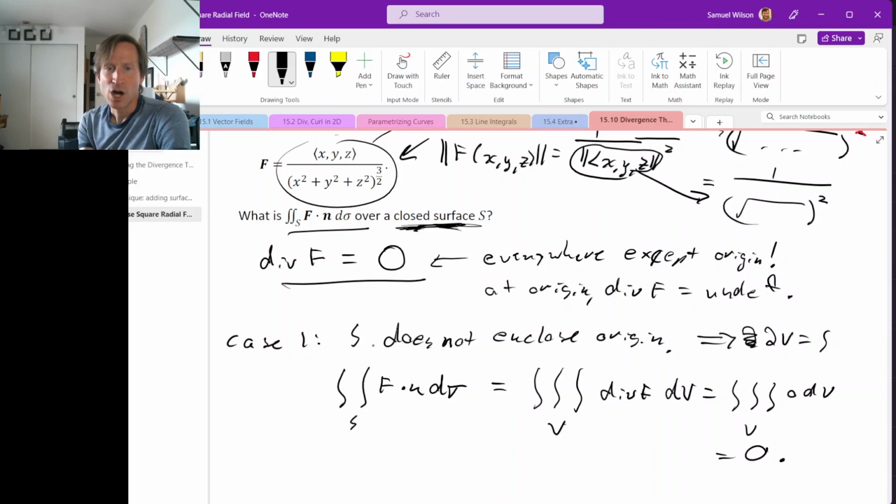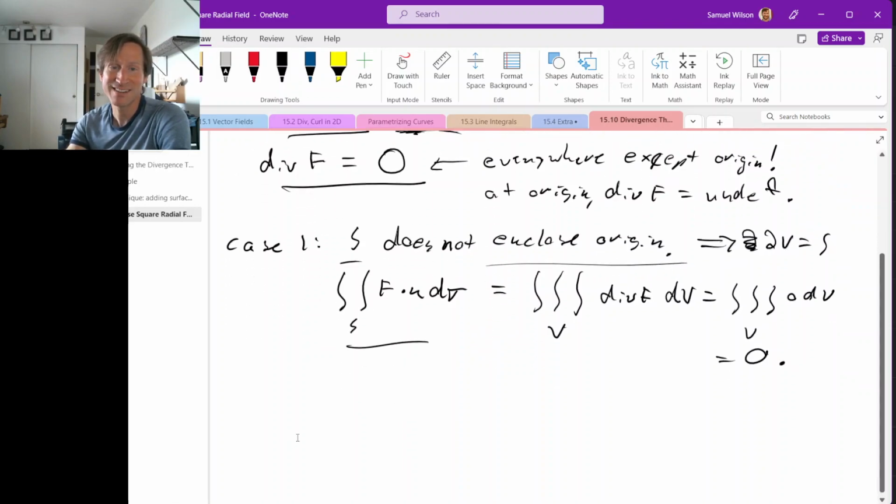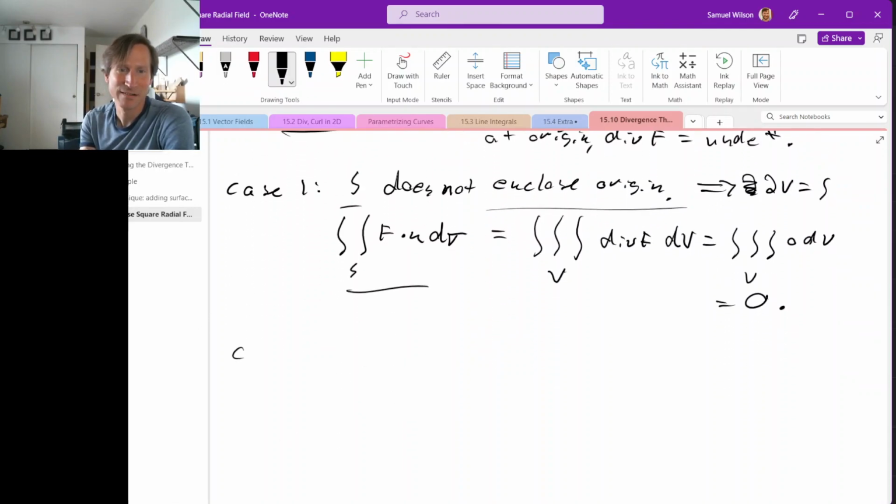Okay, so if our surface does not enclose the origin, then this surface integral is 0. So for our second case, of course, is where S does enclose the origin.